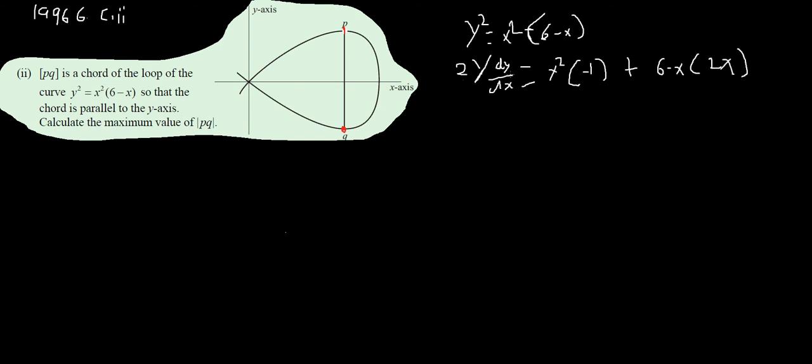We'll keep the 2y dy dx over here, and simplify the other side, so it's negative x squared plus 12x, 6 times 2, minus x minus 2x squared.